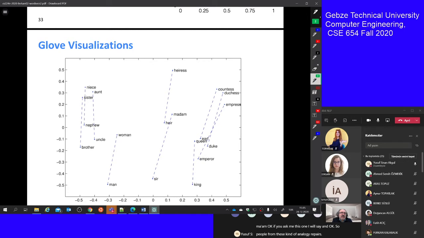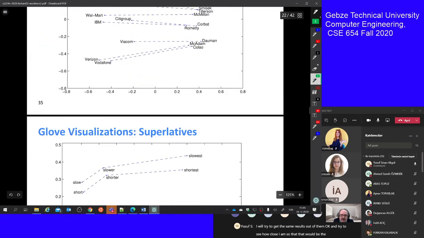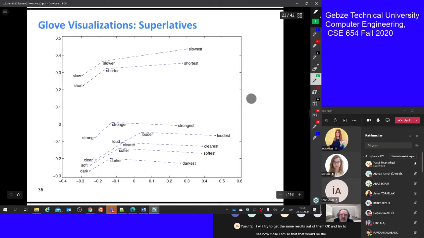Now I ask the same question to the GloVe or word2vec representations, and I try to get the same results out of them and see how close I am. So that would be the number-based approach. By the way, I can draw these kinds of vectors in terms of the semantic relationship between them or the syntactic relationship between them.